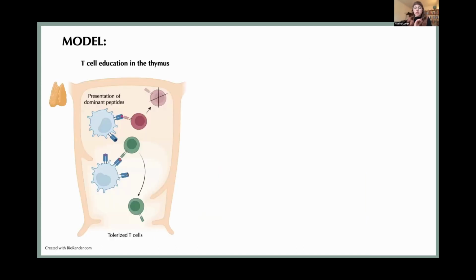And so that leads me to our model, where our results support this model where during T cell education in the thymus, you have the presentation of dominant peptides from given autoantigens, in this case, just self-antigens.